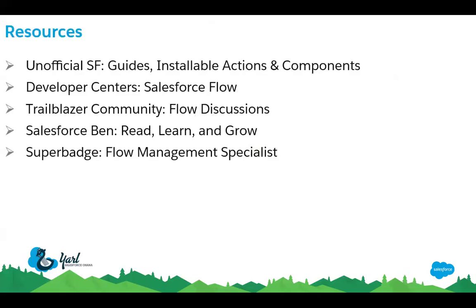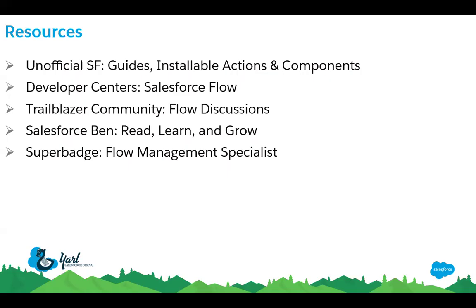If you want to learn Flow, these are a few good places with a lot of examples. Unofficial SF is one of the good websites. There are a lot of use cases, a lot of videos, and a lot of step-by-step information available. So try to visit that website, Unofficial Salesforce.